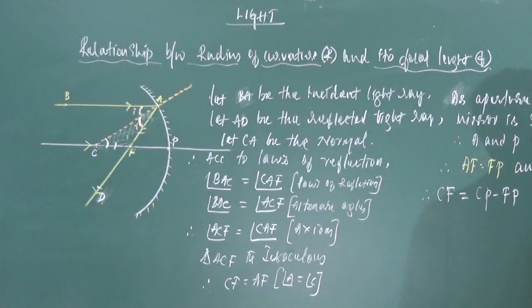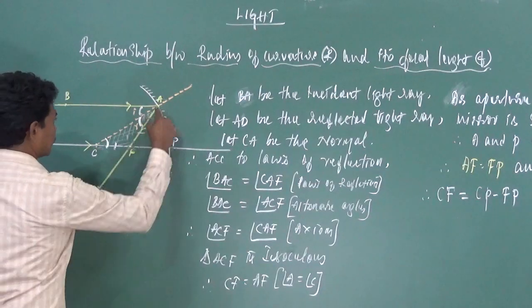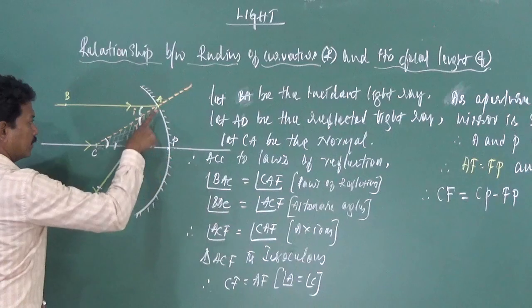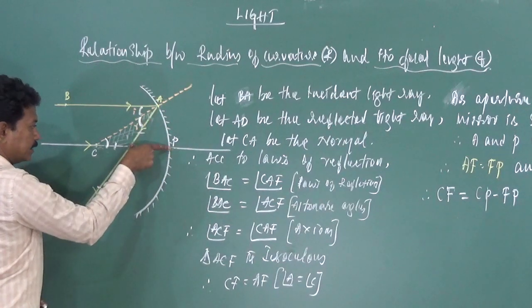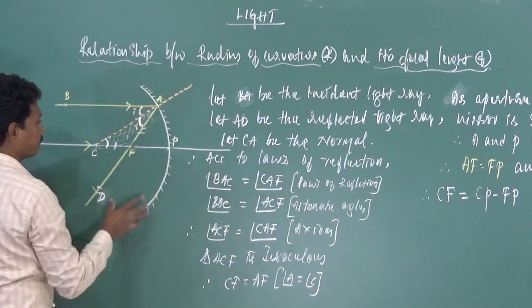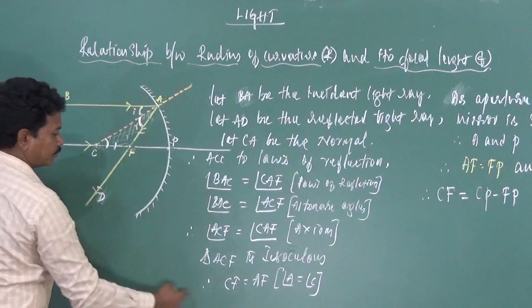CF becomes equal to FP. Once again, as the aperture of the concave mirror is very small, this coincides like this. So AF becomes equal to PF, that I have written there. Already AF is equal to CF, that we have already proved here.